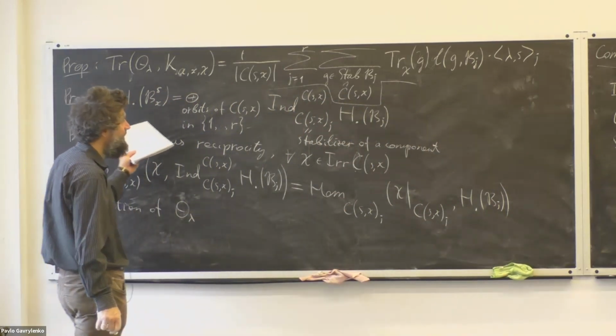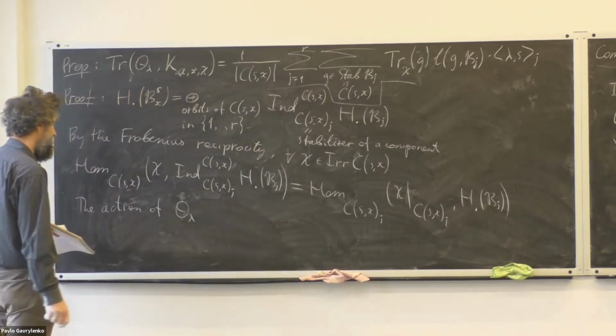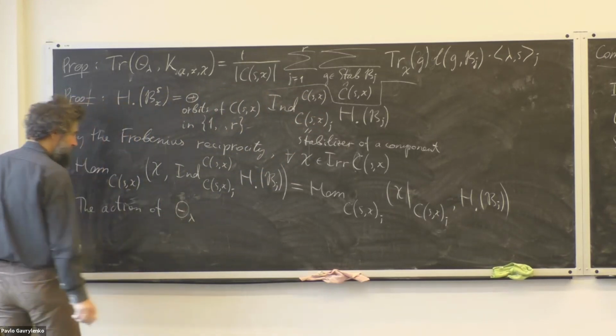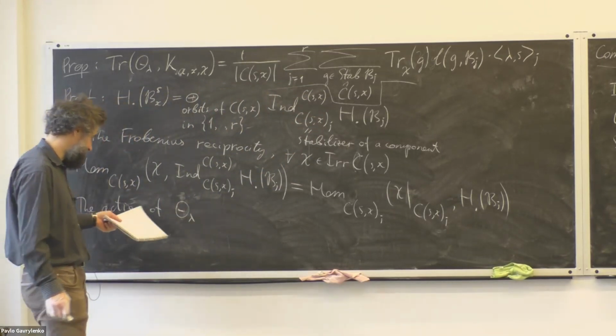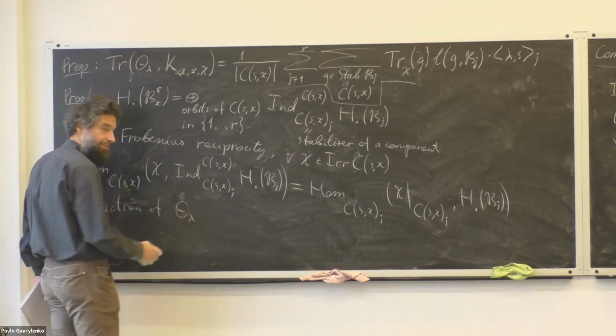If you remember the long construction we went through, the action of this commutative Bernstein subalgebra was very simple. It was defined just by multiplication by the corresponding line bundle.